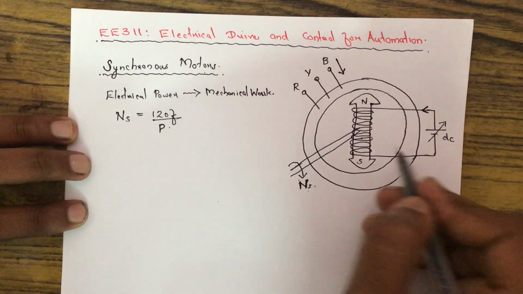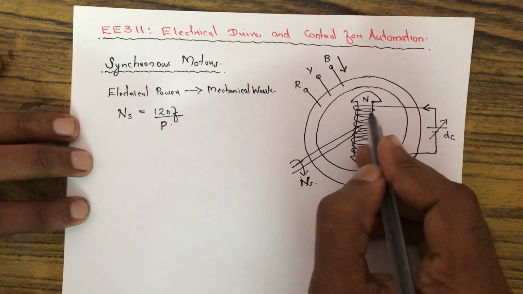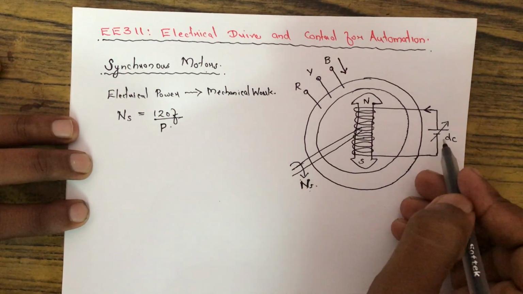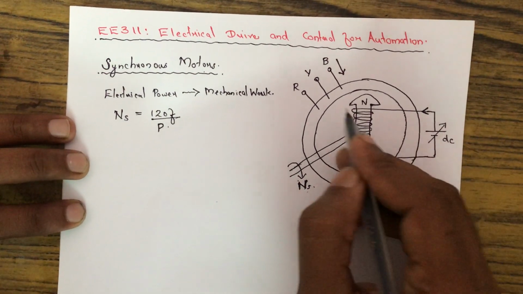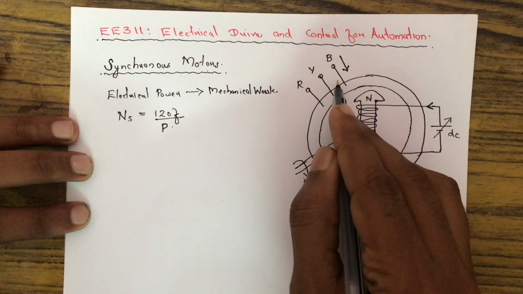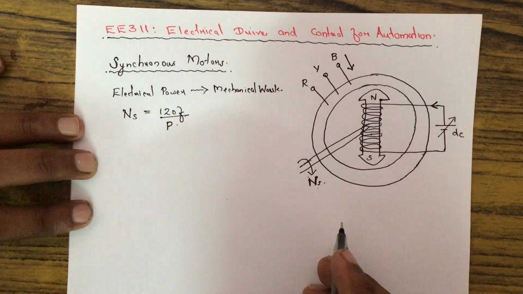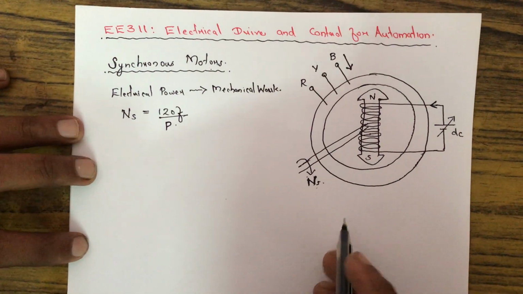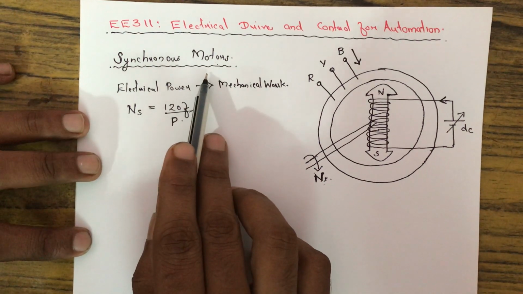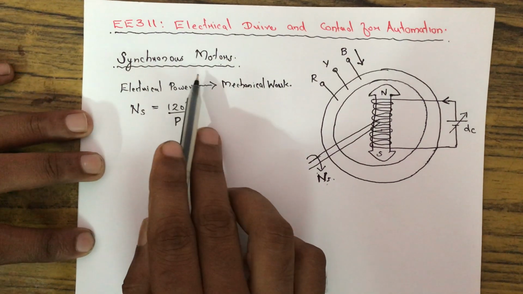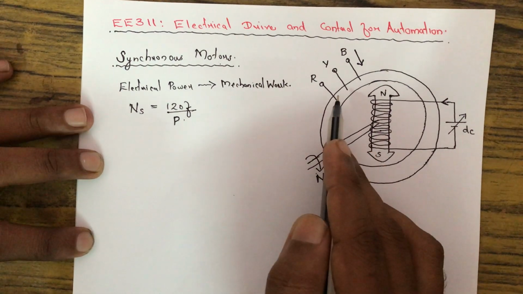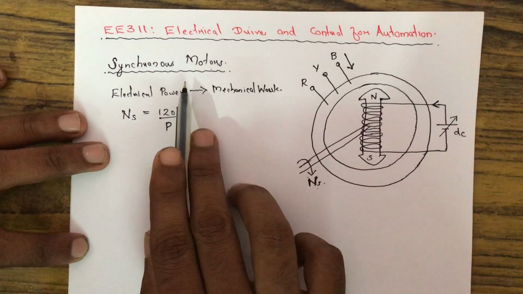Okay, so coming into the construction, the field winding of this motor is energized by DC, whereas the armature winding is connected to the 3-phase supply mains. The construction of a synchronous motor is similar to that of a synchronous generator, that is, the alternator.